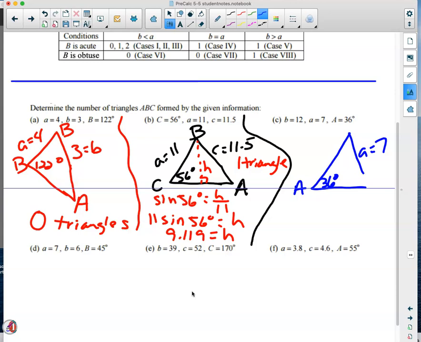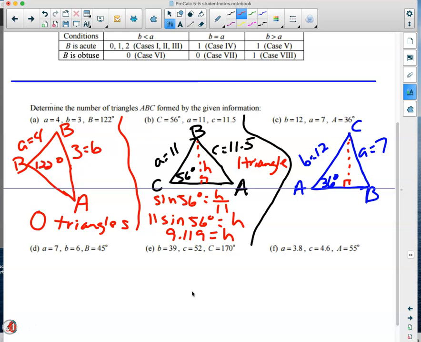And then lowercase b will be adjacent, which makes the lower right-hand vertex capital B. And it leaves C for the top. 7 sounds kind of short, given that we have a 12 on the other side, but it's also 36 degrees. So we better check the height.